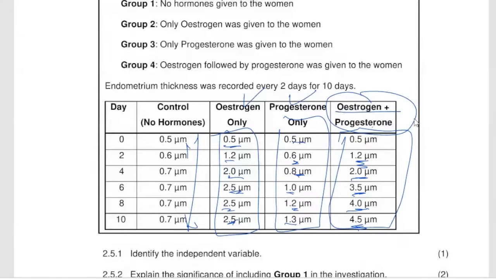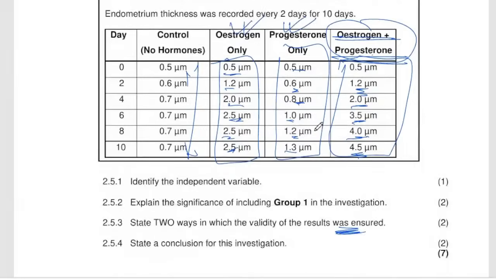If you combine estrogen and progesterone, the thickening is going to be much higher than when you only have estrogen independently and progesterone independently. That's the meaning.